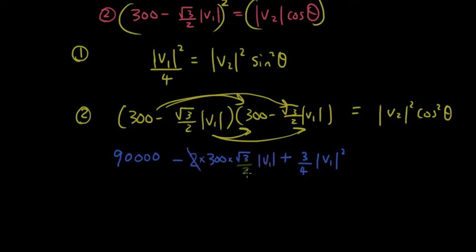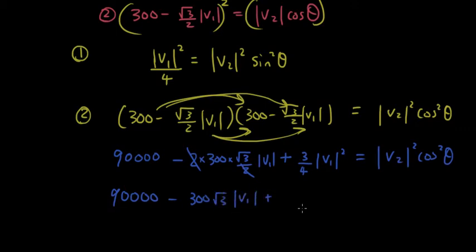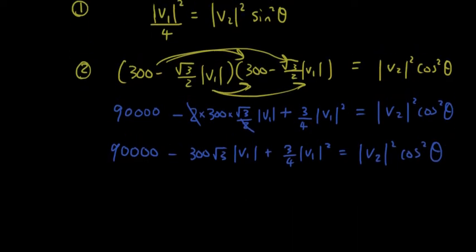The 2 times and over 2 will cancel each other out, so it's going to be equal to 90,000 minus 300 times square root of 3 times v1 plus 3 over 4 v1 squared. Now it looks crazy right now, but it's going to be a little bit easier soon. So that's my new equation 2.